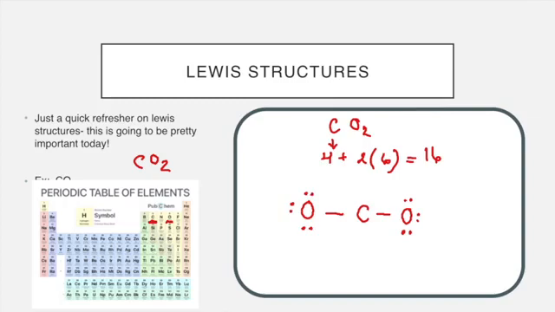The problem with the way this Lewis structure is drawn right now is that carbon only has 4 electrons around it, which is not stable. Carbon, just like every other element outside of hydrogen, wants to have 8 electrons. So I need to move electrons into the bonds.